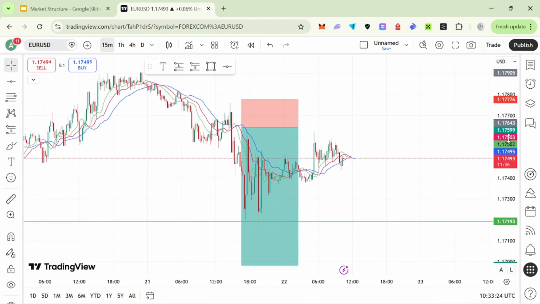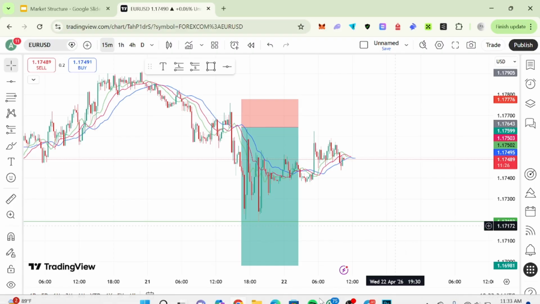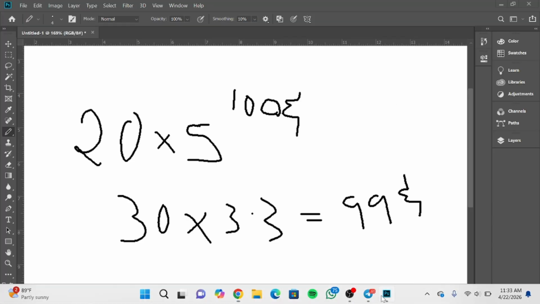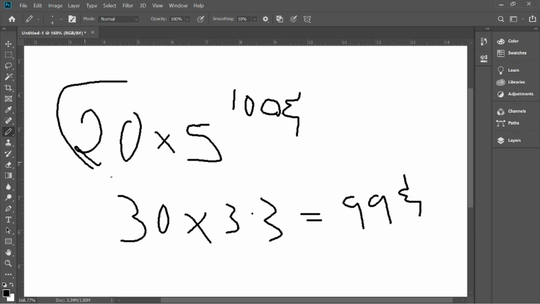And if you are risking $100, your target should be at least 40 pips, which gives you a 2-to-1 return. We're still using this example of 20 pips. So if your stop loss from your entry to your stop loss is 20 pips, then your target should be at least 40 pips.